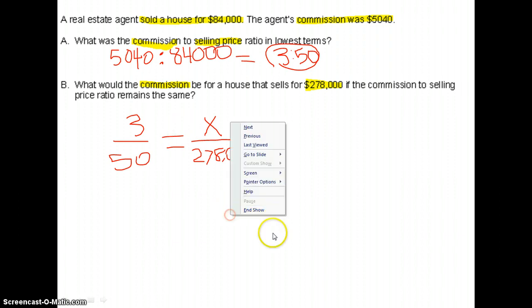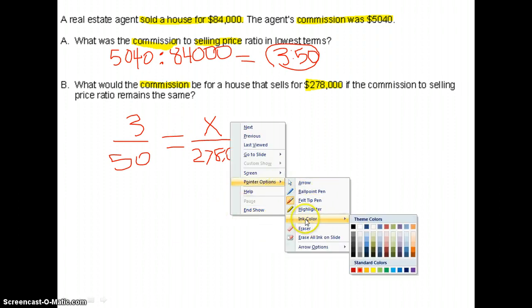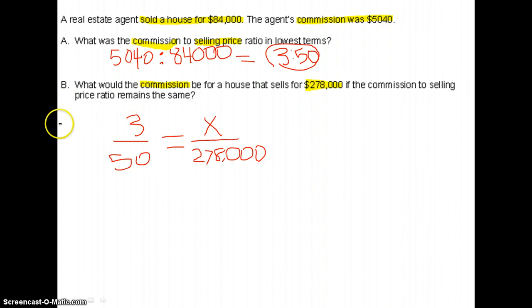And then we're just going to cross multiply. So we're just going to cross multiply right here. So we're going to take 3 times 278,000. Excuse my handwriting. And that's going to equal 50x.